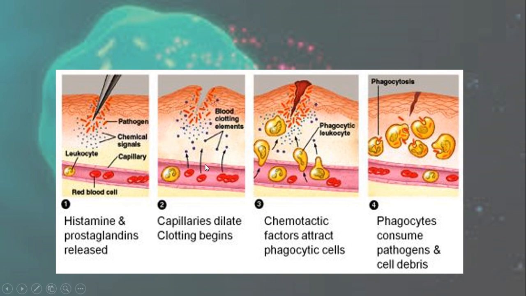The capillaries are going to dilate, so the diameter of the capillaries is going to increase to allow the increased blood flow. This will in turn allow a bigger amount of white blood cells to reach the region where there is an inflammation, in order to help get rid of these pathogens trying to invade our bodies. Chemotactic factors, or the cytokines, are going to attract the phagocytic cells.